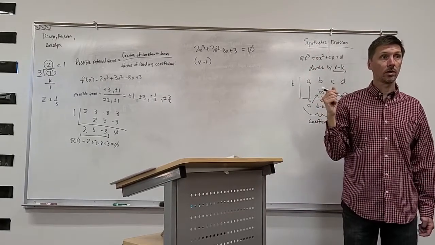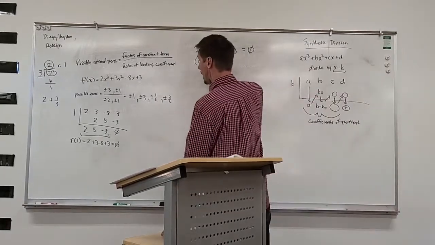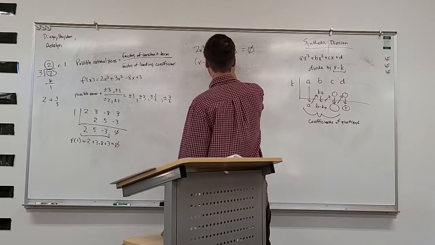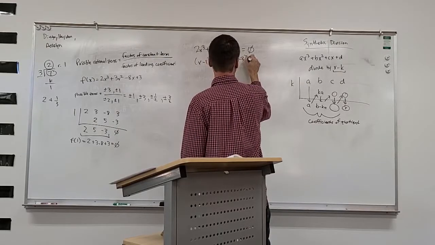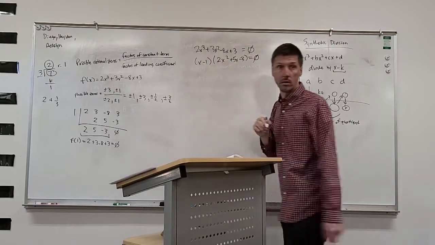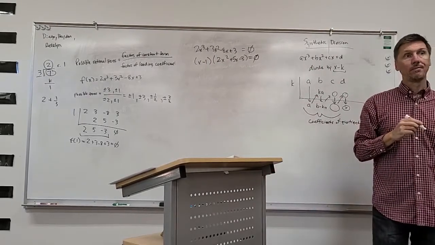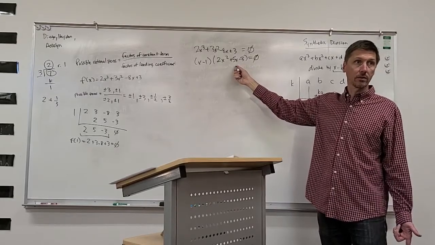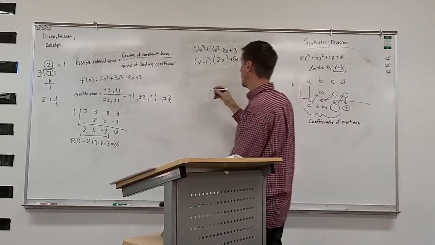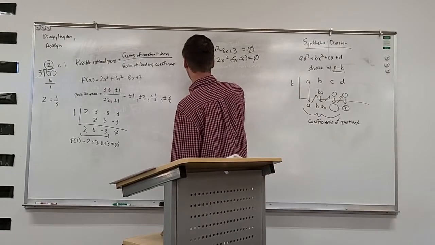So x minus 1 times what we got with long division, 2x squared plus 5x minus 3 equals 0. Now I've got a pretty simple quadratic that I could factor and figure out what my other zeros are.